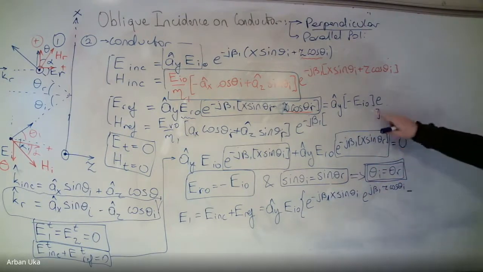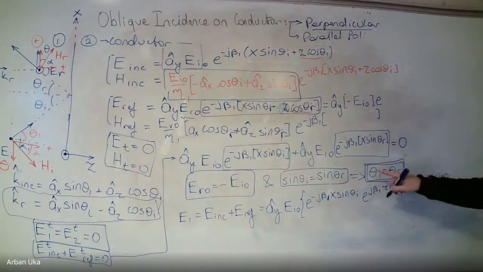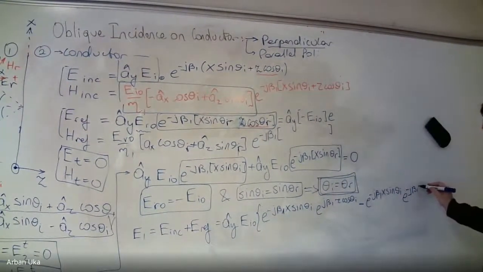So this is why we factor out this one, we get a negative sign, and we obtain that this is minus e to the power minus j beta 1 x sine theta I. Now we know that the angles are the same, so instead of this theta I, we do it sine theta I times e to the power minus j beta 1 z, we have to include here the z, beta 1 z cosine theta I.